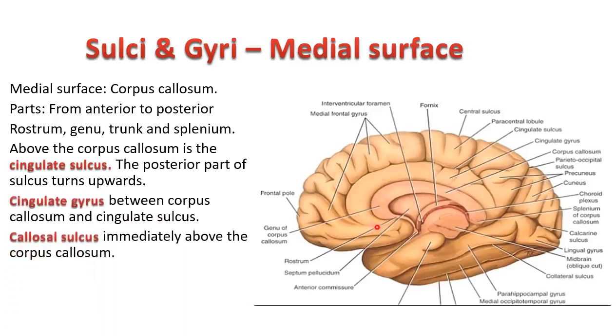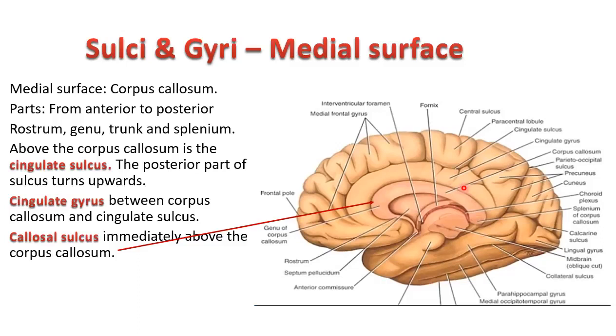The line immediately above the corpus callosum is called the callosal sulcus. This is your cingulate sulcus, and this is the cingulate gyrus, because inside you have a band of white matter called the cingulum, the largest association fibers.